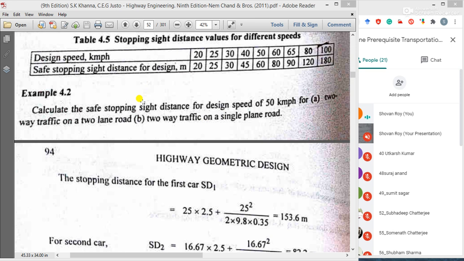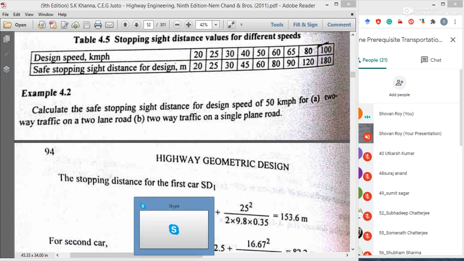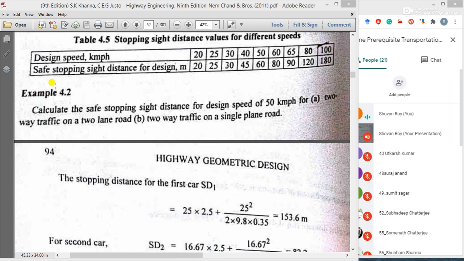You can see it in your e-copy, or follow the book if you have it. It is example number 4.2, page number 92. How we solve this problem is important, and it is very interesting also.